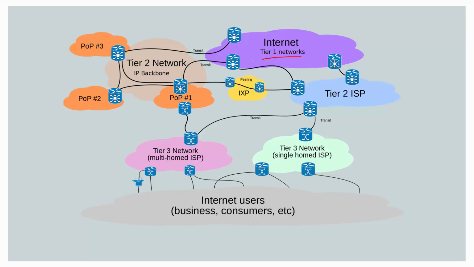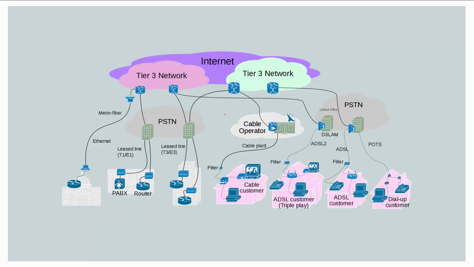And these providers all connect to each other. They share their data at places called Internet Exchange Points, or IXPs. So you connect to your provider, but then they connect to each other at Internet Exchange Points. Here's another related example of various different ways to connect to the internet.